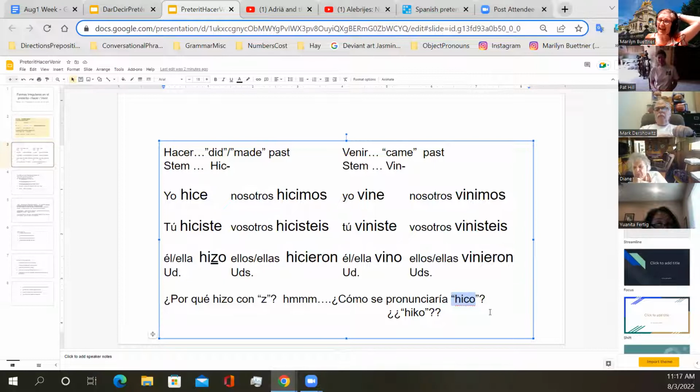I would have to pronounce that ico, because CO is always ko. It's a phonetic thing. So the reason this word hizo gets yet another funky spelling change is that I cannot have HICO and preserve that phonetic sound of hizo, because CO is ko. So I have to use a letter that will get me back to the S sound, and the only letter I can do that with is a zeta, a Z.